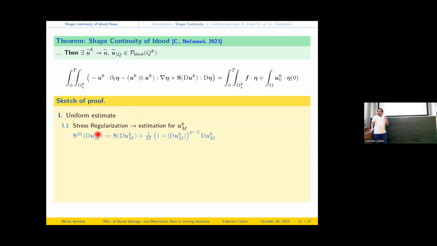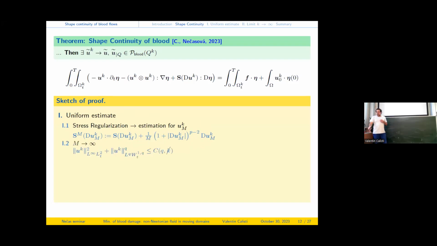So the stress tensor is smoothed with some parameter m. And here you can see that somehow we go back to the case q greater than 11/5. So we also have uniqueness of solution. And because we are in the case q greater than 11/5, we can directly write some energy estimate because we can take the solution as a test function and we can extract whatever we need.